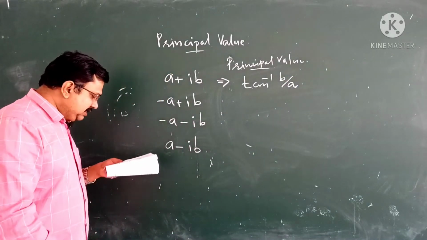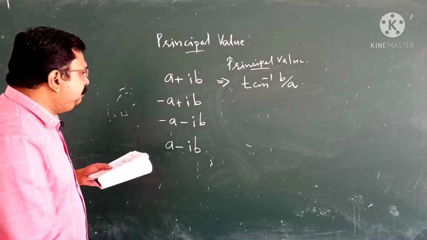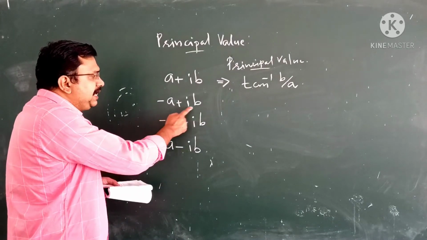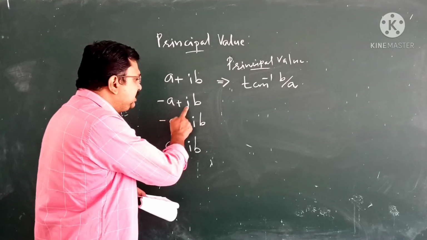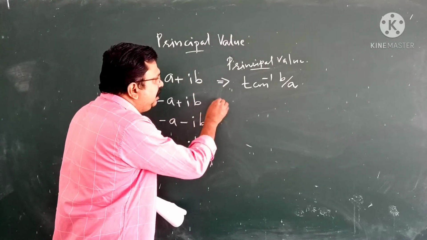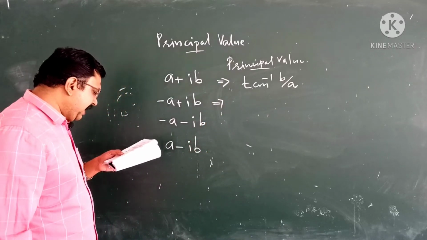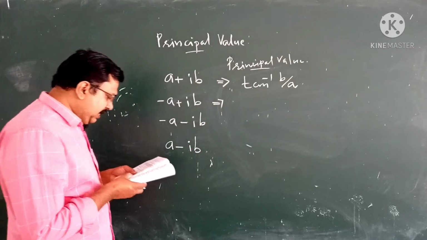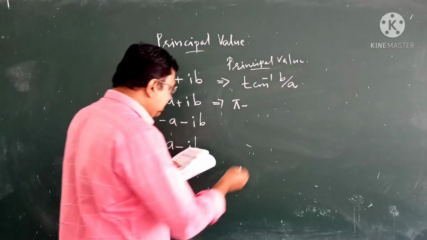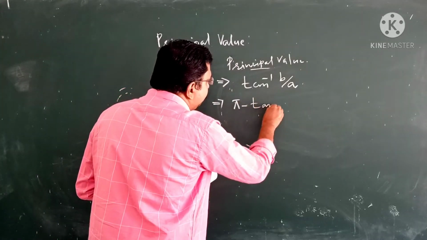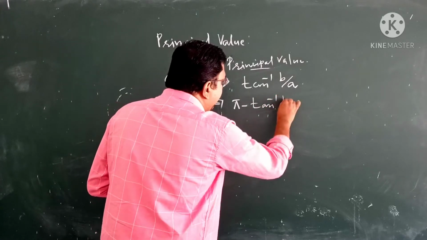Okay, and the second one, if the complex number is minus a plus ib, then the principal value can be calculated by using the equation pi minus tan inverse b by a.